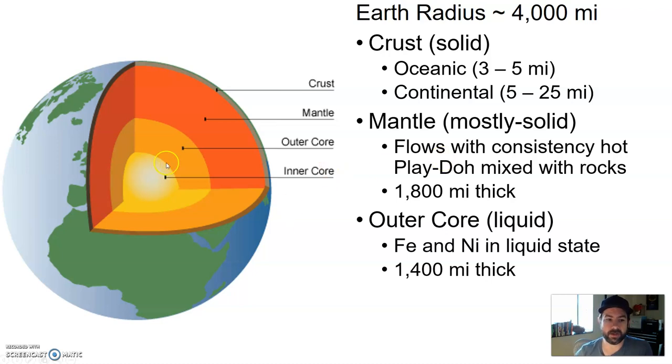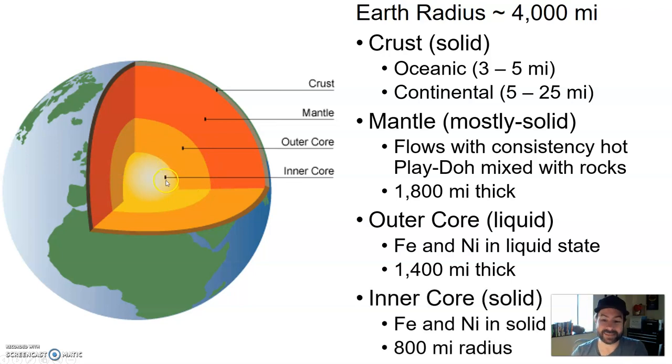Then we have the liquid outer core, which is about 1,400 miles thick. It's made up of mostly iron, where Fe is the chemical symbol for iron, and nickel, Ni. So the outer core is made of mostly iron and nickel in a purely liquid state. How we know that, a little bit later.